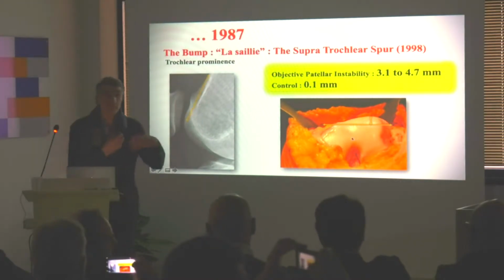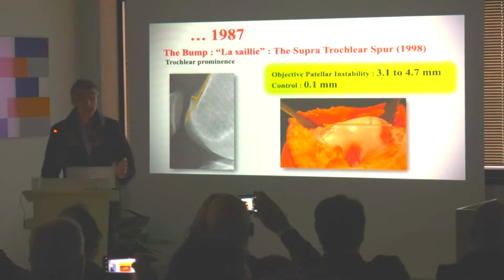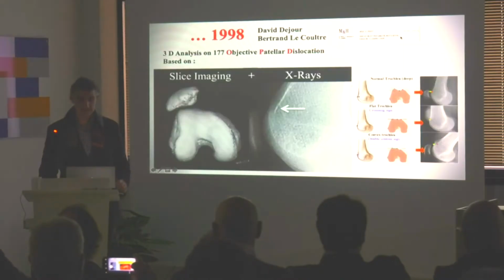And the bump, the supratrochlear spur, is really something important, because if you look at the patellar dislocation group, the bump is between 3 to 5 millimeters, which is huge. And if you go to the control group, it's only 0.1 millimeter. So the trochlea is flush with the anterior cortex.